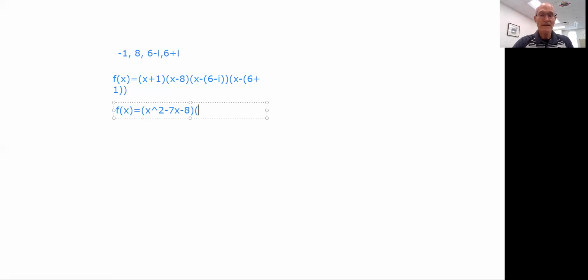Now, if you look at these back two, if you get rid of the parentheses there, you have x minus 6 plus i, and you have x minus 6 minus i.